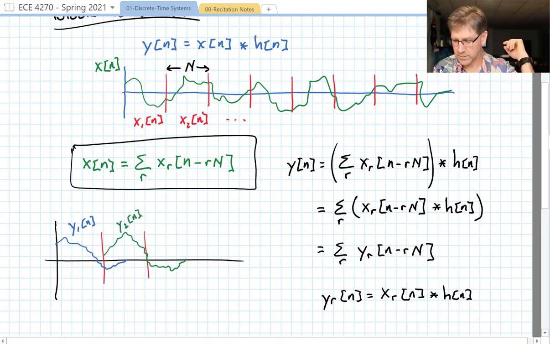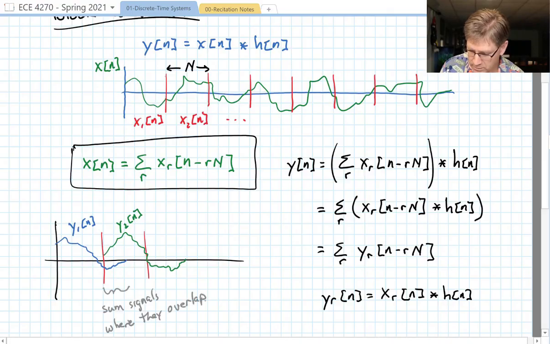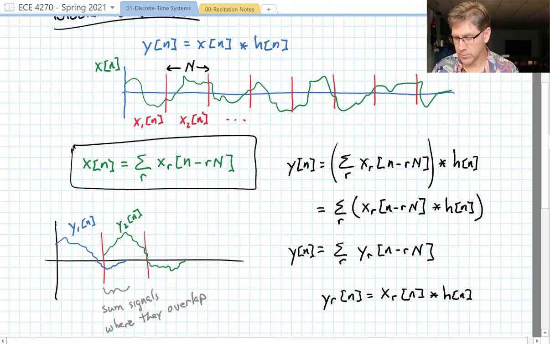I just didn't add in the shift by N and so on because of the way I've drawn it. So in essence then, we need to sum these up. We'll sum those where they overlap, and when we're all done, we will get y of n equal to the sum of each of the individual convolution outputs.